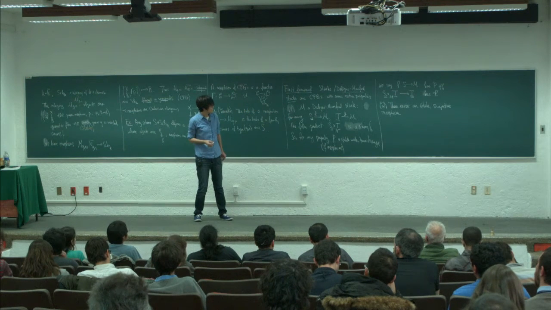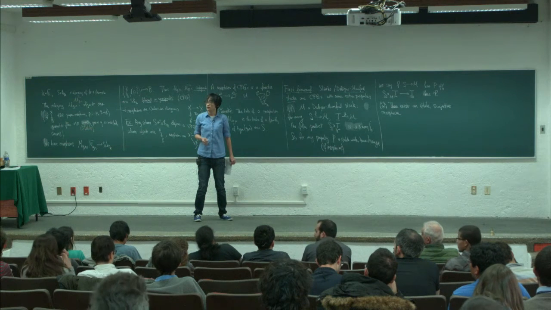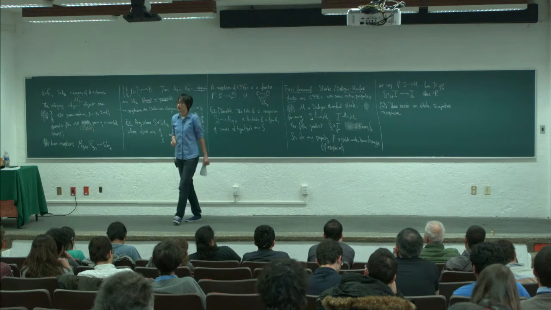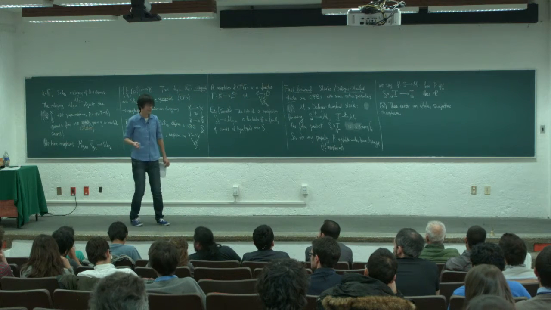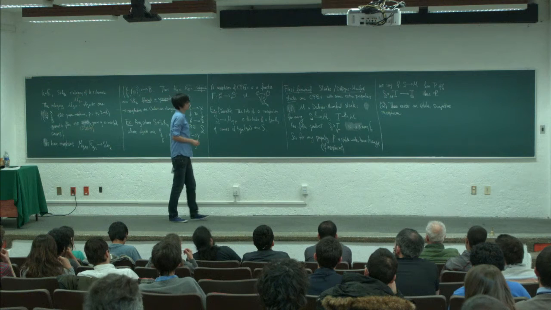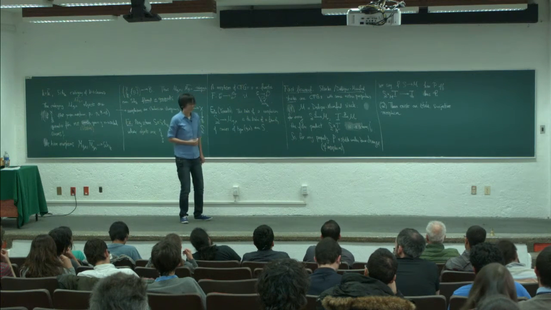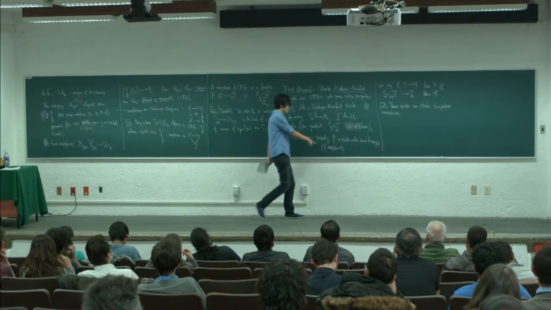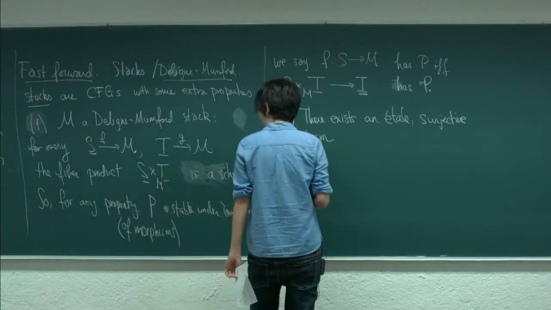For any property P, you want that this is verified for every T. Absolutely. I am about to do an example in which the property P I am interested in is the étale property.